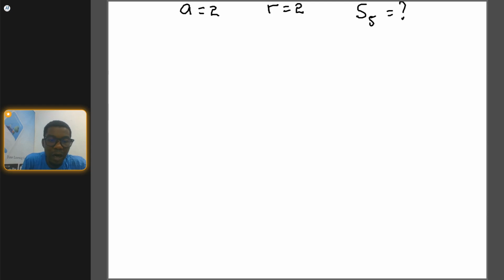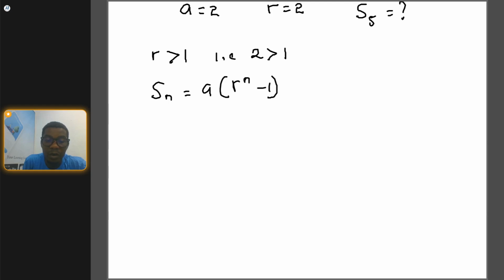Now, because R is greater than 1, that is 2 is greater than 1, I'm going to use xn equals A open bracket R to the n minus 1 close the bracket over R minus 1, where R is 2, A is 2, xn is unknown, and n is equal to 5, which is this 5 that we have here.